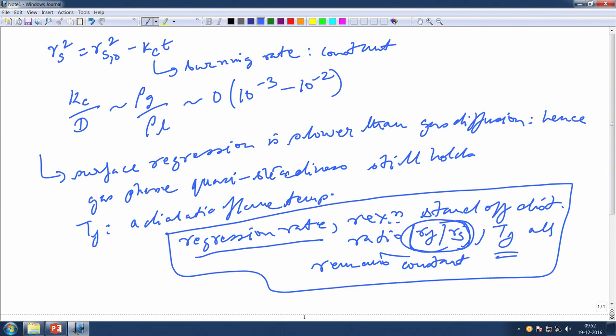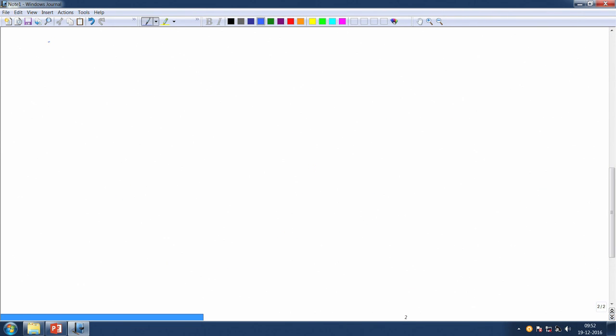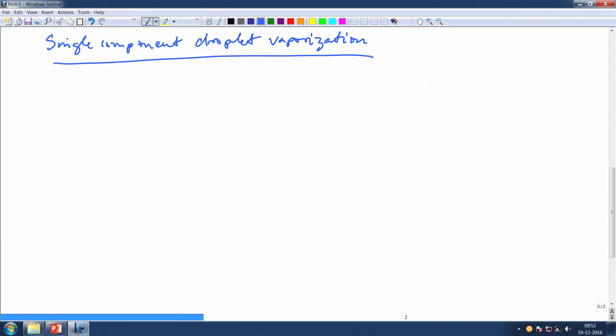Now, we take a look at single component droplet vaporization. It is very similar to the evaporation case.